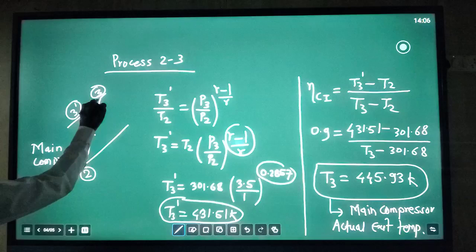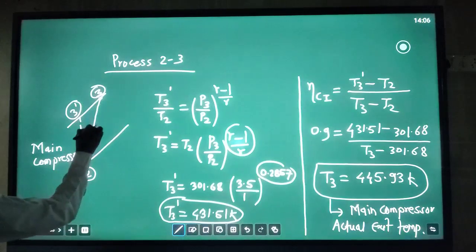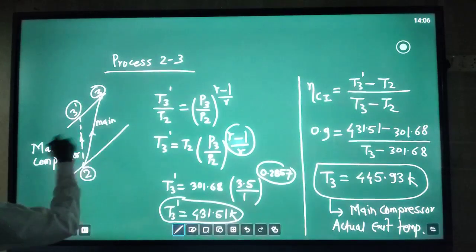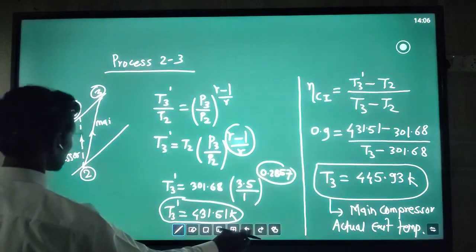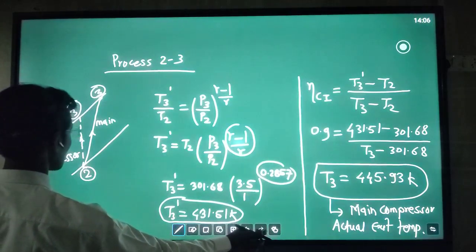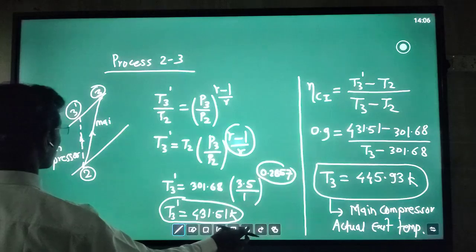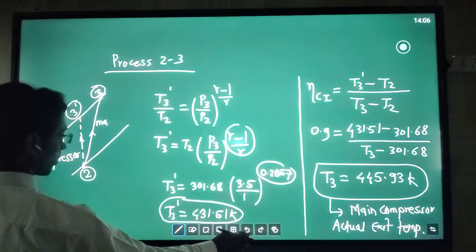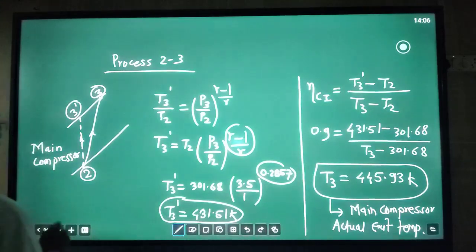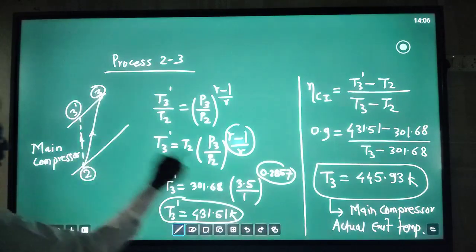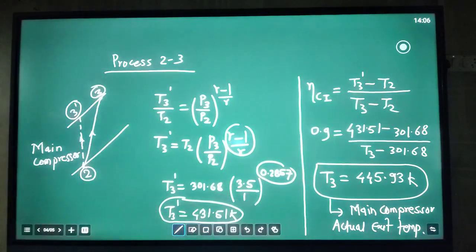This is point 3, the main compressor, already written here. So for point number 3, this is the actual temperature that we have got. Now we will see the further process.